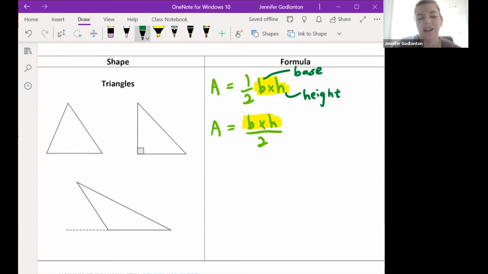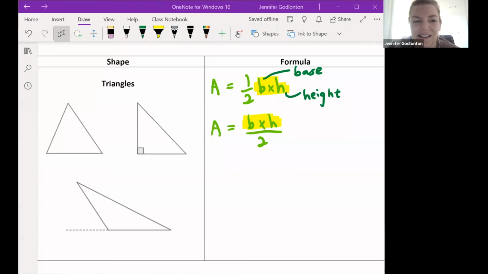Take a guess if you're not entirely sure. No answers coming in. Okay, Naledi, what do you think is super important about that base and the height?